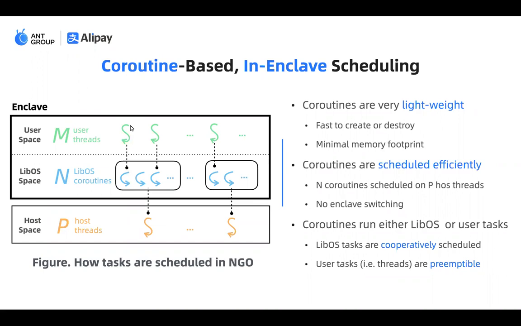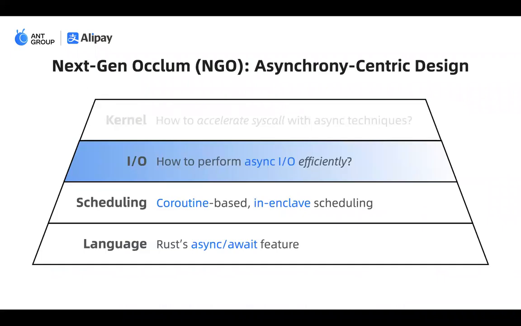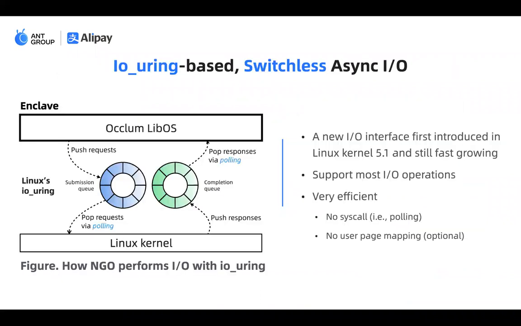And the third level is the IO level, and we want to do IO more efficiently, especially since we don't want to do any enclave switching. So this is why we have introduced an IO ring based switchless async IO. In this new mechanism, we utilize the IO ring interface that was first introduced in Linux kernel 5.1.